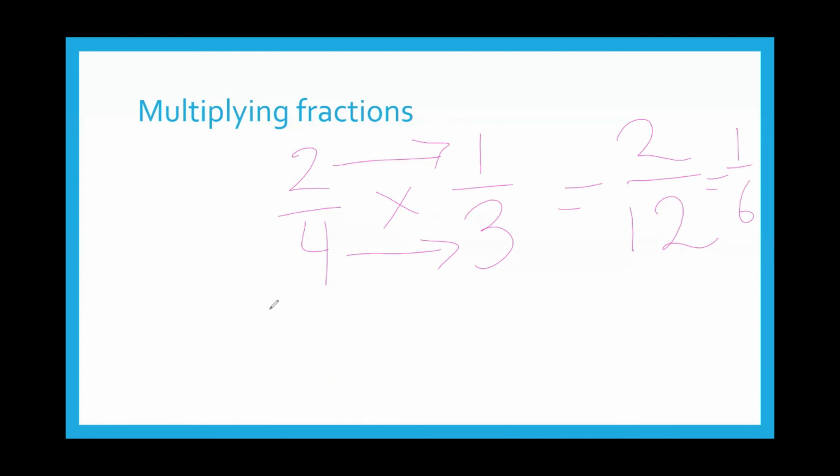So how this looks, if we again have 2/4, that means this, and you're multiplying it by 1/3. Multiplying by a whole number means you're making it bigger. If you're multiplying it by something that is less than one whole, it means it's becoming smaller. So you're basically splitting up your 2/4 into thirds.